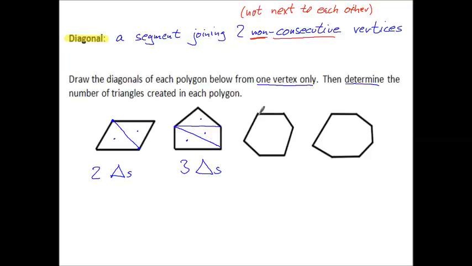Starting from here, we get 1, 2, 3 diagonals, and 1, 2, 3, 4 triangles. And in our last figure here, 1 diagonal, 2 diagonals, 3 diagonals, and 4 diagonals, making 1, 2, 3, 4, 5 triangles.